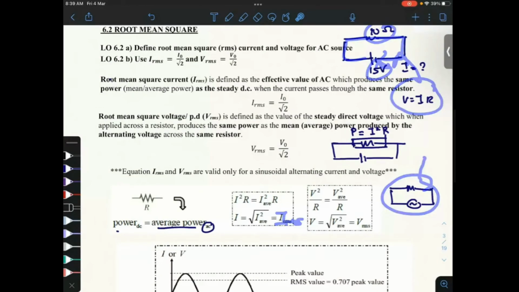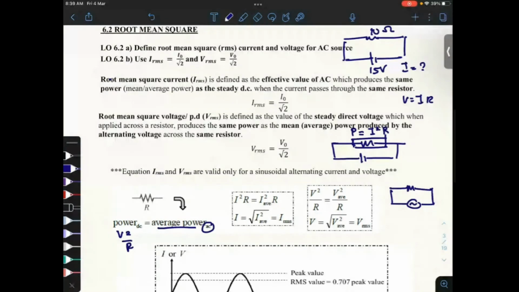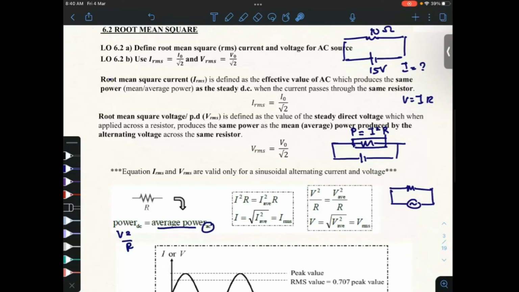Begitu juga if you use equation power iaitu V square over R. Kita tahu power kita ada banyak equation, 3 equation iaitu I square R ataupun V square over R ataupun VI. Okay, so dekat sini kalau nak relate dengan V dengan resistance, power in the DC sama dengan average power in the AC, you can come to a conclusion that the voltage in the DC akan sama dengan voltage RMS in the AC.